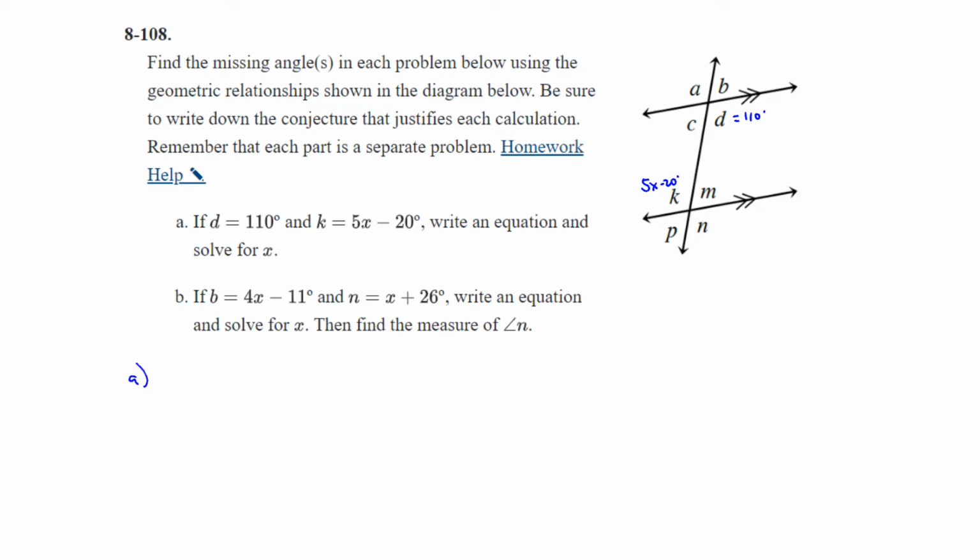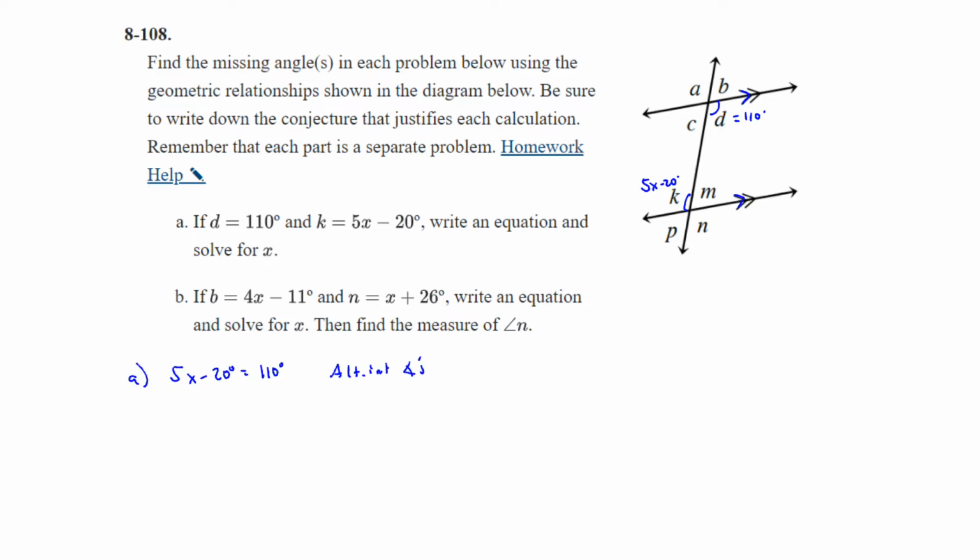So these two angles, notice that we are dealing with parallel lines here. So these would be alternate interior angles, which means they should be congruent, which means their measures are the same. So we will set up our equation. 5x minus 20 degrees is equal to 110 degrees, and this is because of alternate interior angles.